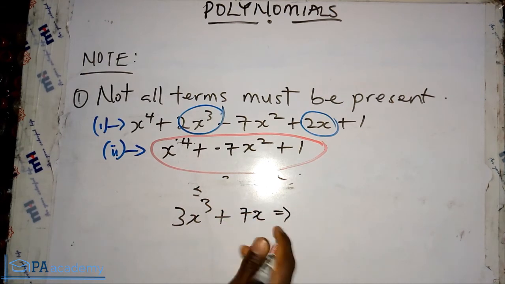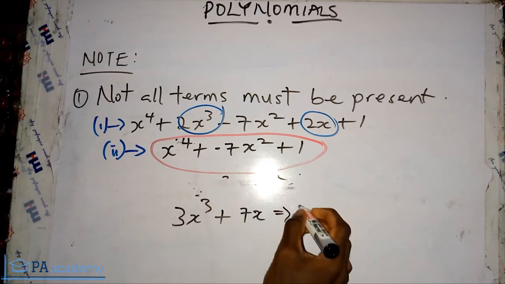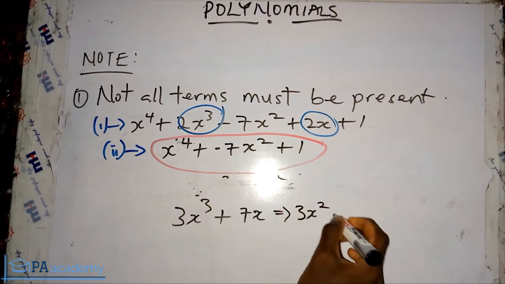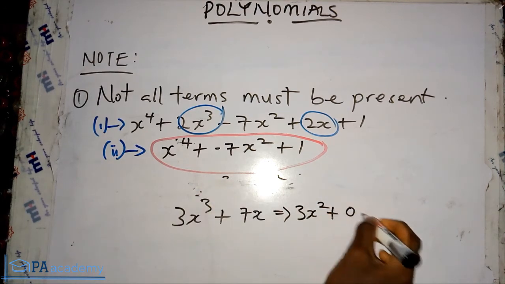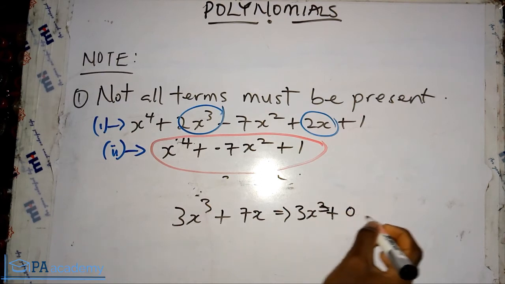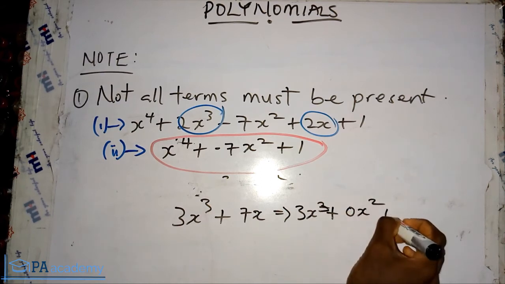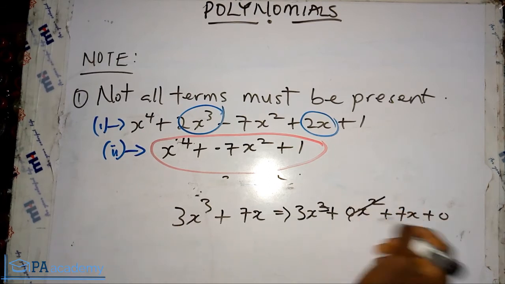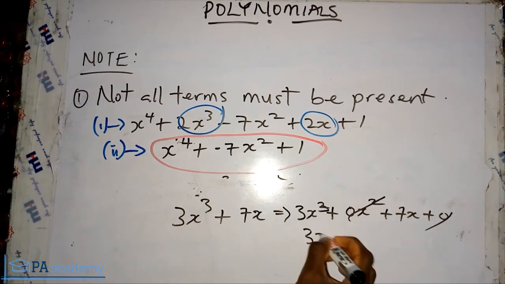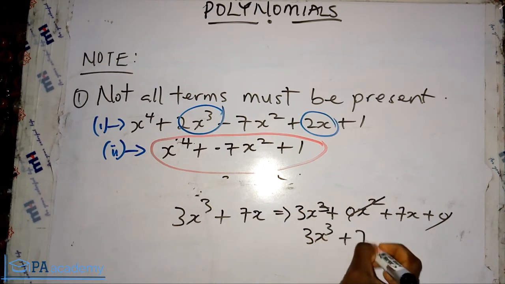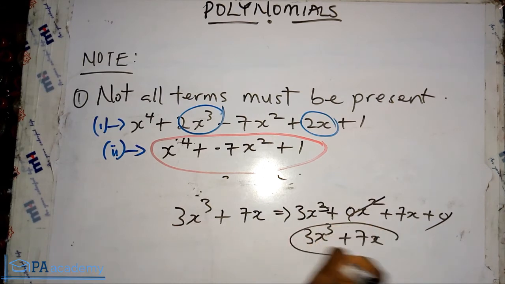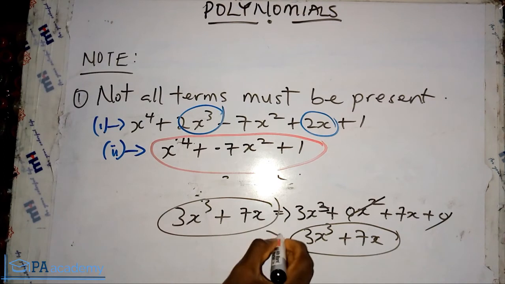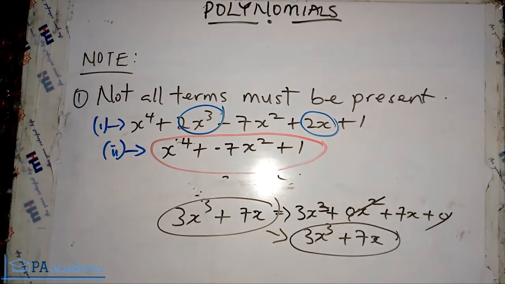We can take it to be 3x cubed plus 0x squared plus 7x plus 0. So by the time the 0 cuts this off, we'll be left with 3x cubed plus 7x. So you can see this is still giving us this. So just note that not all the terms must be present. Some polynomials are always like that.